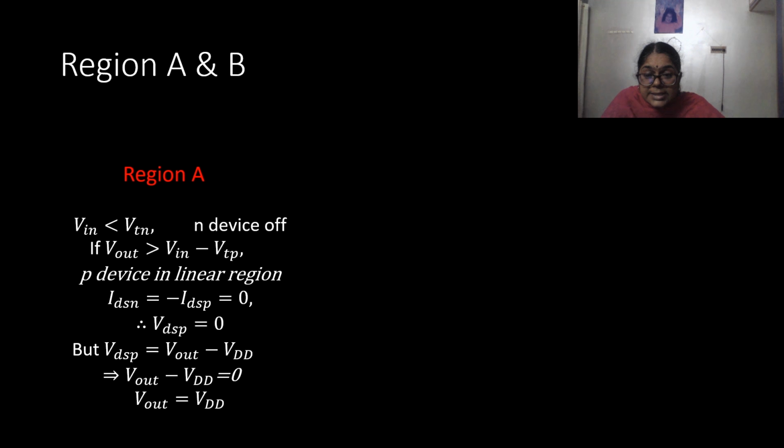But VDSP, that is the drain to source voltage of the pMOS transistor, is given by Vout minus VDD, because the drain voltage is Vout and the source voltage is VDD for the pMOS transistor. So Vout minus VDD is equal to 0, or Vout is equal to VDD.